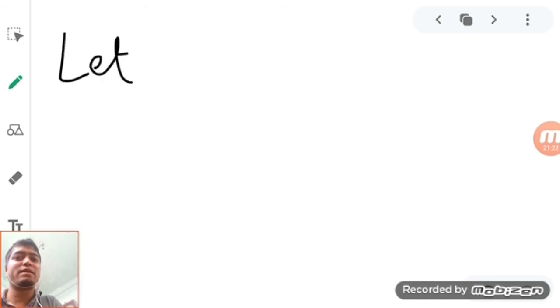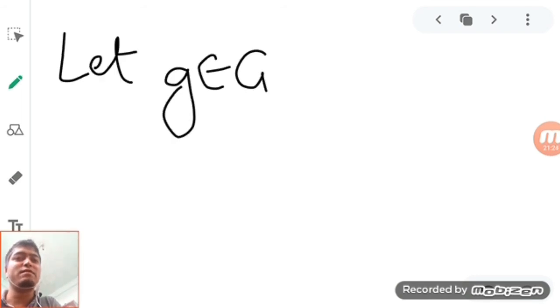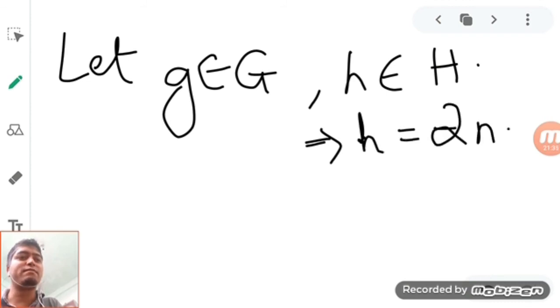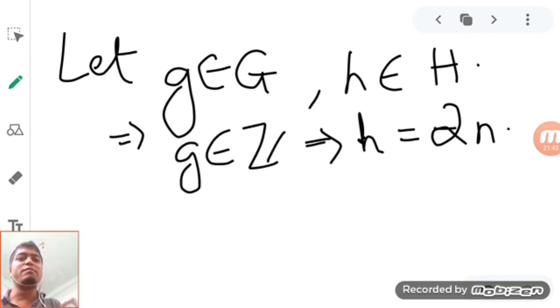Let g belong to G, h belong to H. h is an even integer, so we can write it as 2n. g belongs to G, so g is an integer, because the group is a group of integers, so g belongs to Z. It is not a particular even integer or anything, it is just an integer, that is all we know.